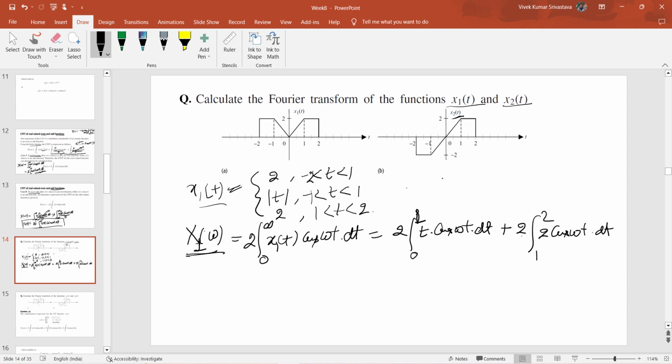For solving the first integral, we will use integration by parts. Here let us take t as the first part and cos(omega t) as the second part.